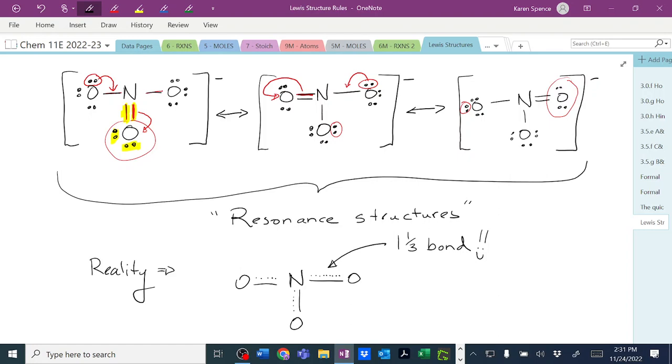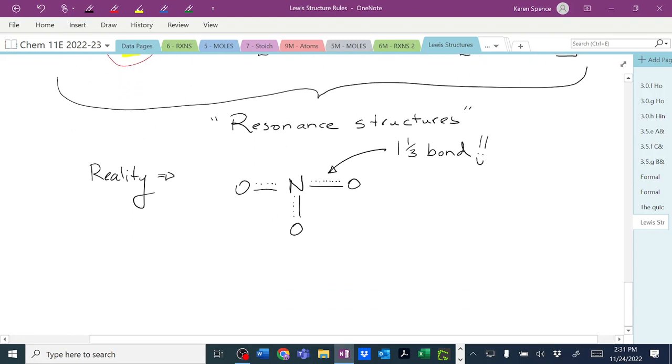So this has ramifications for things like the bond length, because if you have a single bond, you've got your nucleus and you've got 2 electrons in the middle and you've got your nucleus. Do you guys remember Coulomb's law?